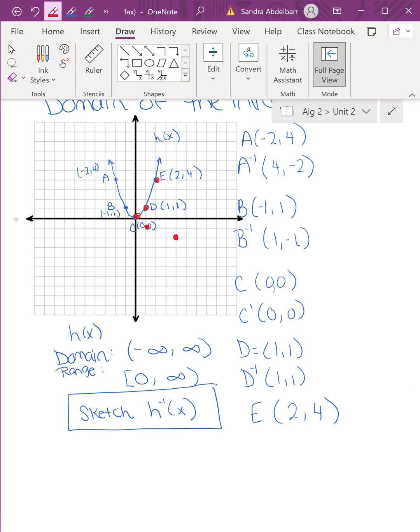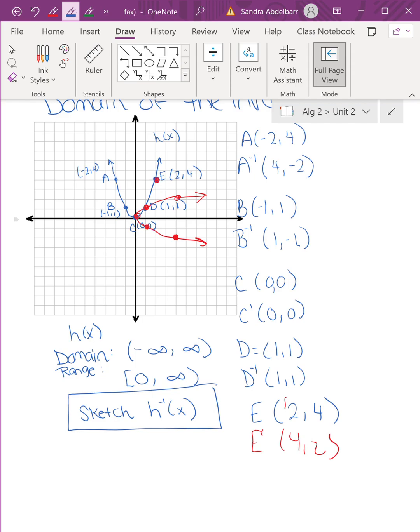What was my E? 2, 4. Inverse is 4, 2. All right, here we go. Just ignore that little red dot up here. This is a blue dot.